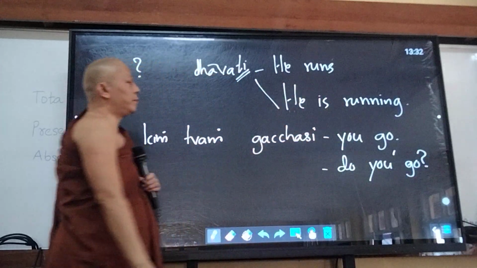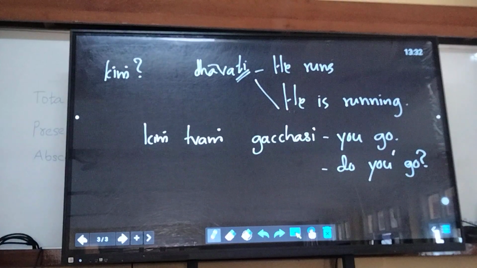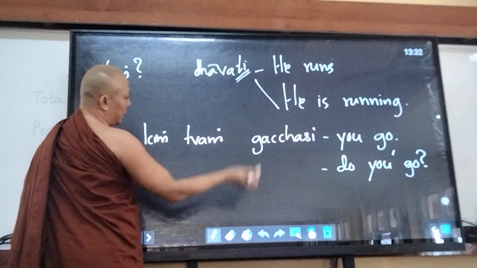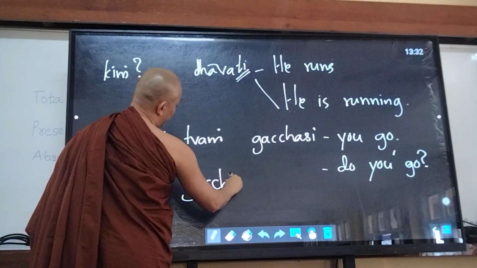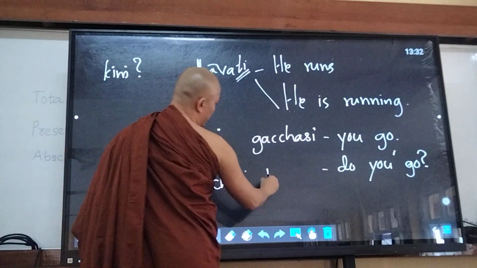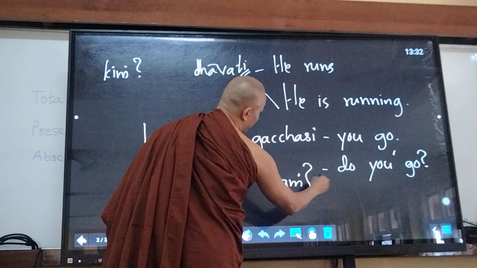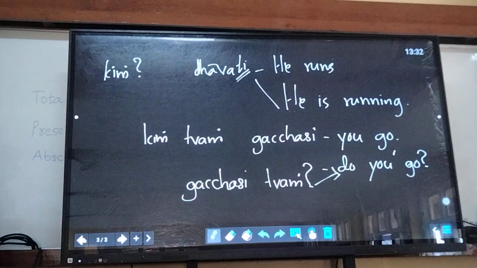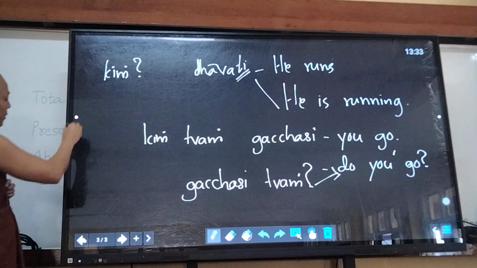But frequently in Pali, we can find such a construction without using the question particle, just changing the word order. So "gacchasi tvam" can also be understood as "do you go?" Such a usage can be found many times in Pali when we read.